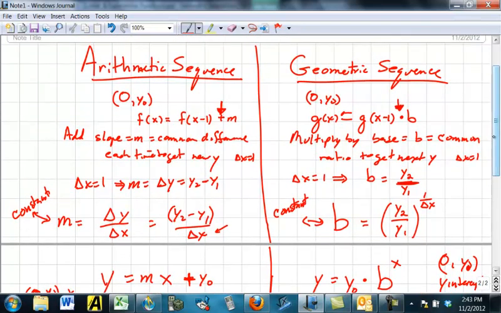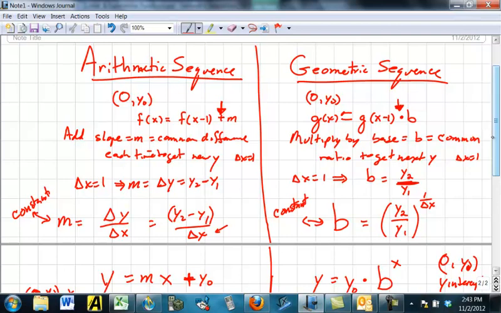In geometric sequences, what are we doing? We're basically doing the same thing as we did in arithmetic sequences, but we're pumping it up one level in the order of operations. Anytime we had addition in arithmetic, we now have multiplication in geometric. Anytime we had subtraction in arithmetic sequences, we now have division in geometric sequences.